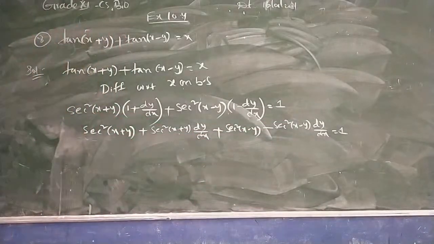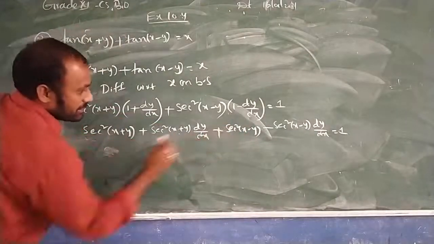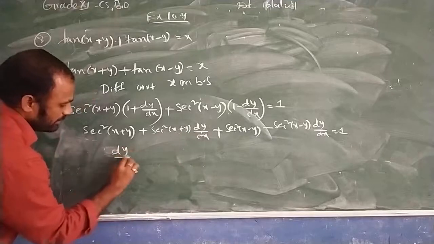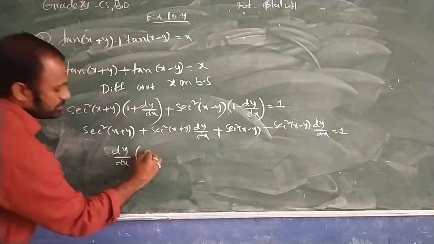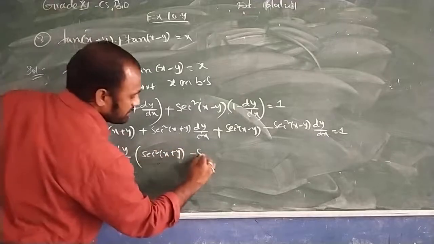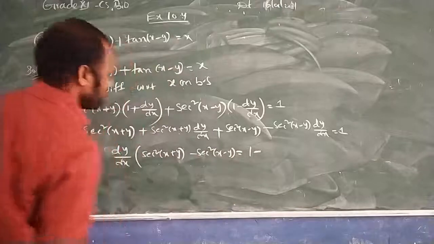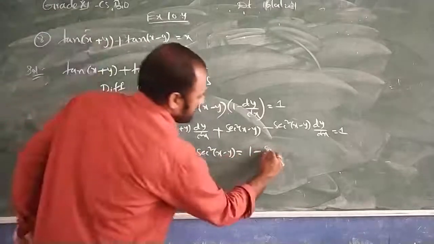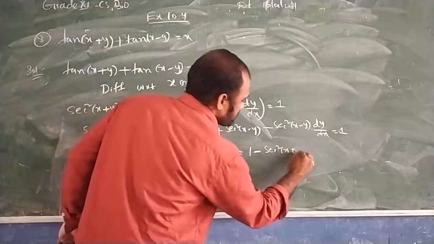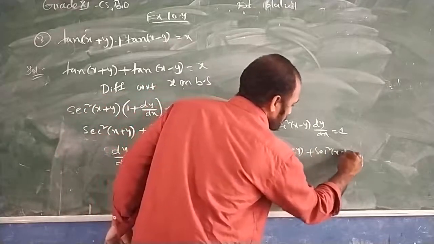So the equation will become, in these two I will take dy by dx common. So dy by dx into [secant square of (x plus y) minus secant square of (x minus y)] equals minus [secant square of (x plus y) plus secant square of (x minus y)].